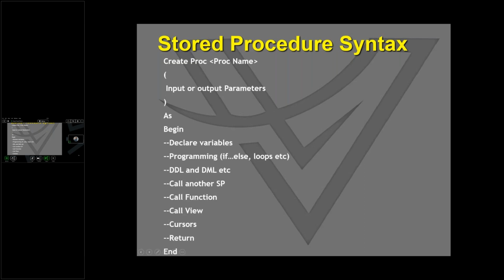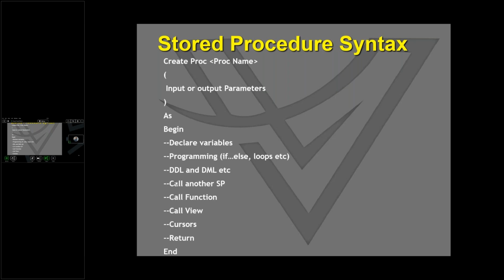All DDL and DML means insert, update, delete, create, right? Whatever things you have, you can do. That is what a stored procedure allows, but views do not allow all these things. Am I right or not?